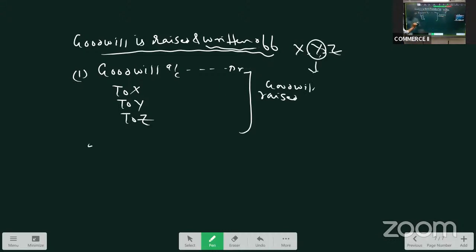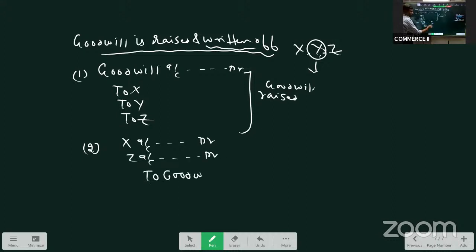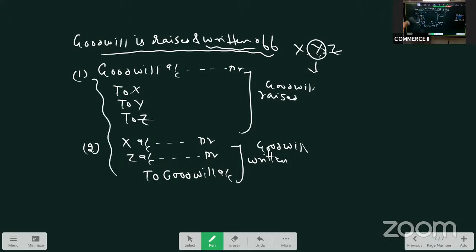To write it off, we will pass this entry: X account debited, Z account debited, to goodwill. This is for goodwill written off. Goodwill raised and goodwill written off. We'll be taking problems on this method in tomorrow's class.